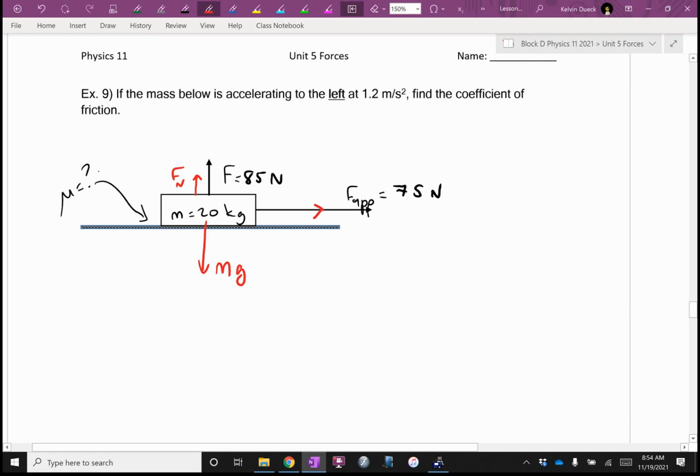What else, Eric? Which way? Bigger, smaller, or the same size as F applied? Read the question carefully. Why? Which way are we accelerating? How can that be? We're slowing down. I'll really exaggerate it so it really catches my eye.